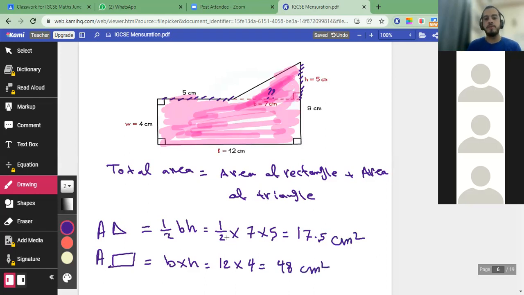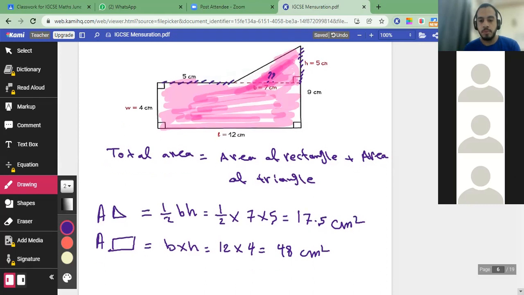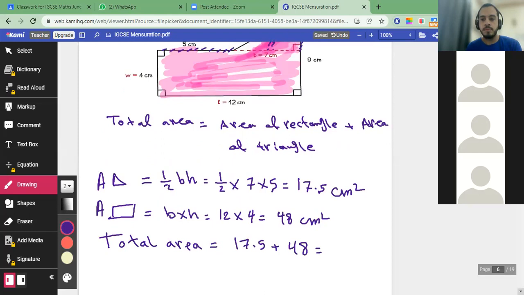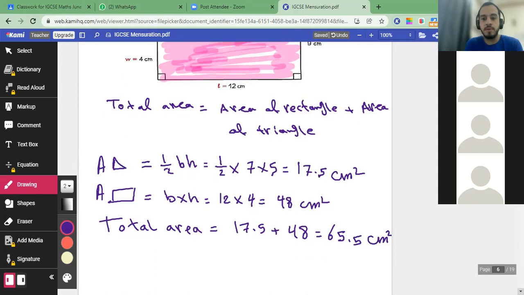Then what is the total? 65.5. Yes, so the total area is 17.5 plus 48 equals what? 65.5. 65.5 square centimeters. Okay.